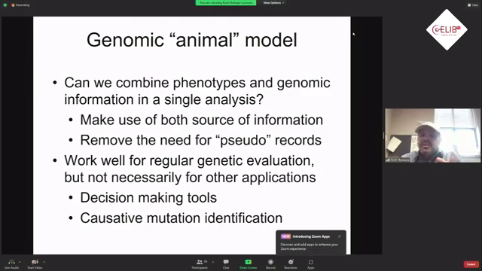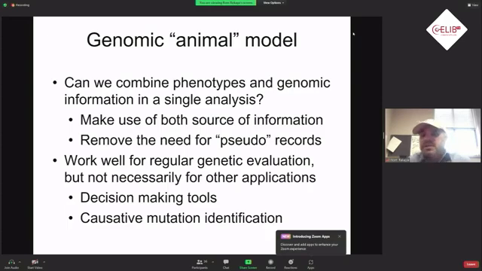So that's one thing. The second thing is that we already have the computational infrastructure, largely built from the days of using pedigree-based evaluation, because these models in spirit are not different from the models we used to have.